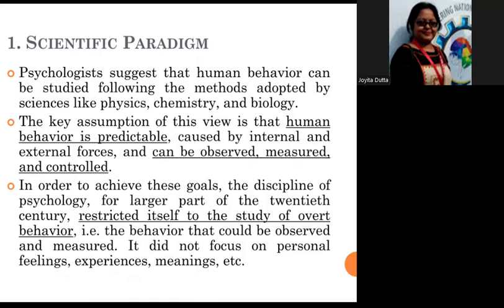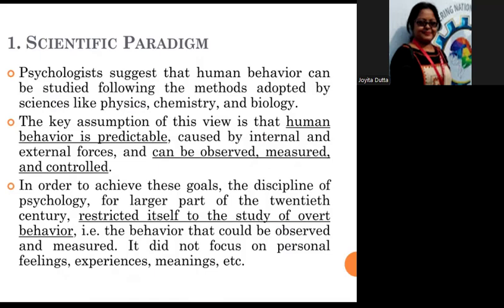So all these things take care of human behavior. First, human behavior is predictable. I know how you would react. And it is driven by some external forces. It can be observed, measured, and controlled.